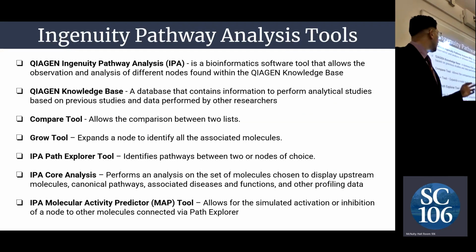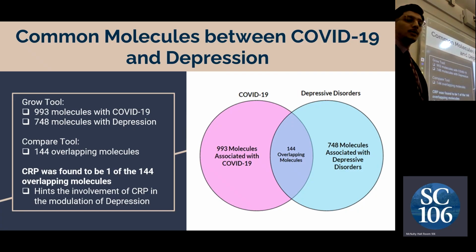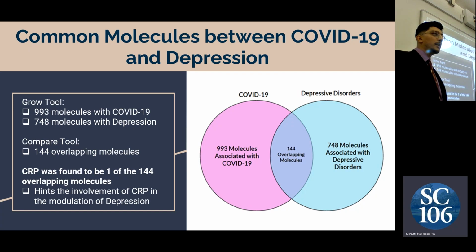To start off, I used Ingenuity Pathway Analysis, IPA tools. These tools were described by my lab mates Sharman and Ryan. I'll give you a quick rundown. The QIAGEN knowledge base is a database that contains the information taken from previous studies, and it can be implemented within the IPA to conduct further analysis. I used the GROW tool to grow out molecules associated with COVID-19, and found 993 molecules associated.